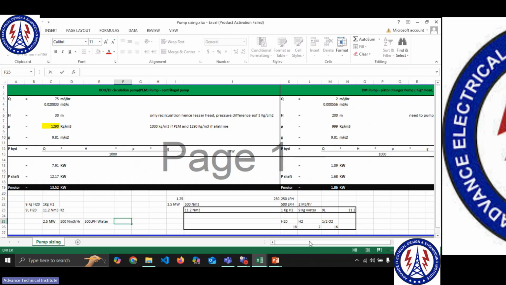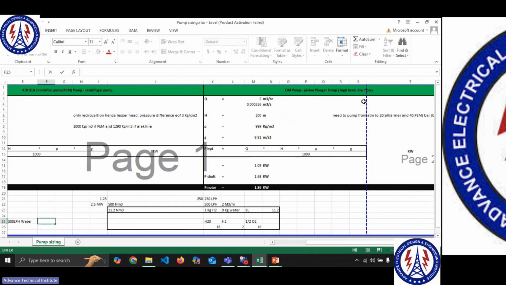I'll come to that. This is a high head pump because you need to take water at atmospheric pressure and supply it at, say, 20 bar. Because you are going to take water from some tank, and that water tank is normally not pressurized. So you need to take water from 0 bar to 20 bar.